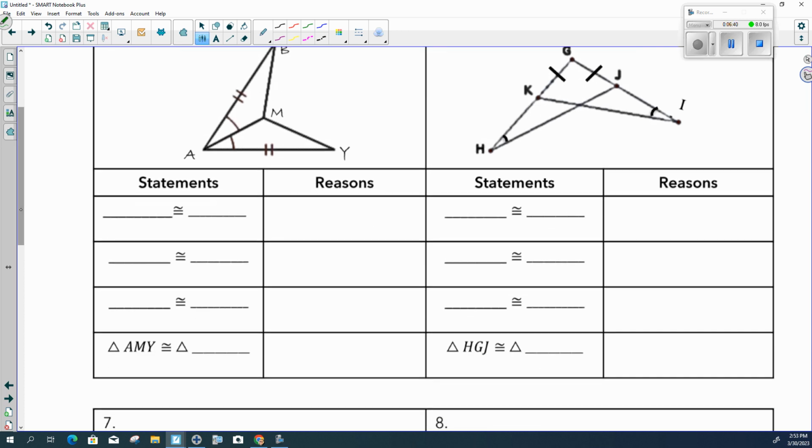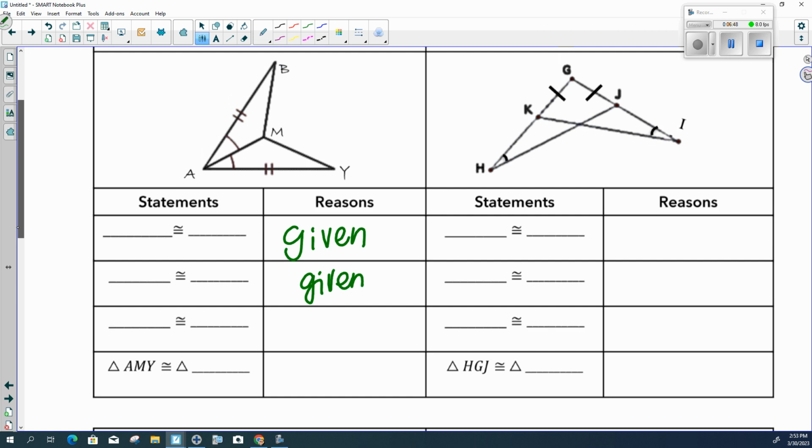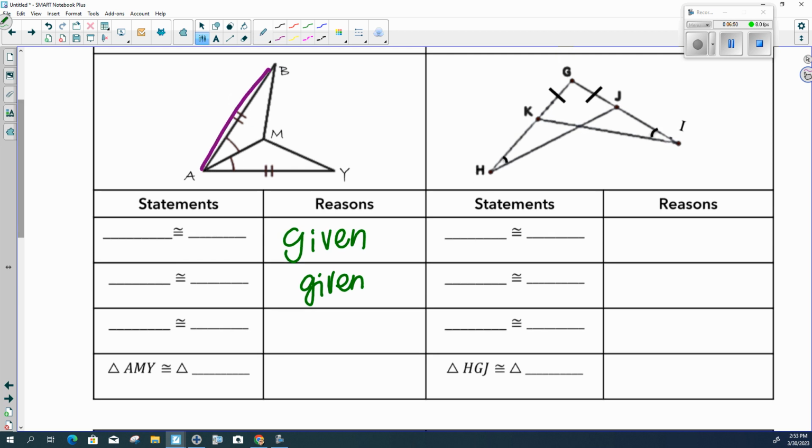All right. I'm going to put both of my givens at the top. I've got some sides here. Side AB is congruent to side AY. I've got an angle, BAM, and YAM.